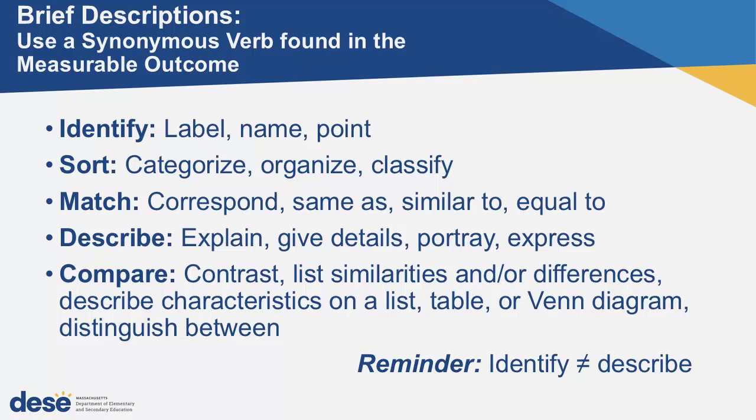Those are pretty commonly used in the entry points. So I ask you to be aware, because when you do that skill, if you choose an entry point that has the word describe at the beginning, then the scorers will expect that that skill will include how they described. However, if you choose describe, but your student is only identifying, those are not the same. So you want to be careful when choosing your verbs.